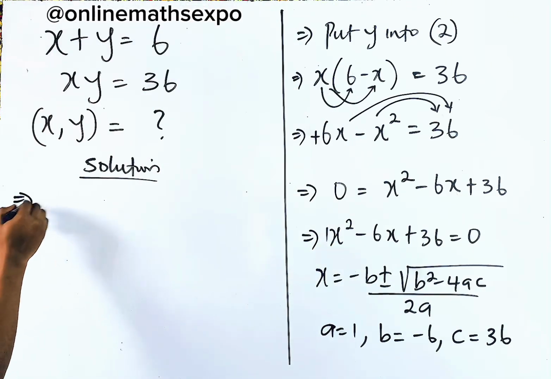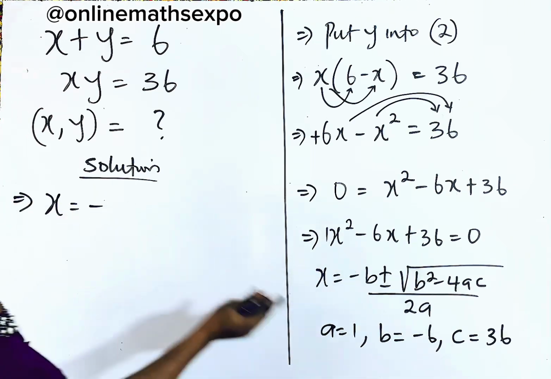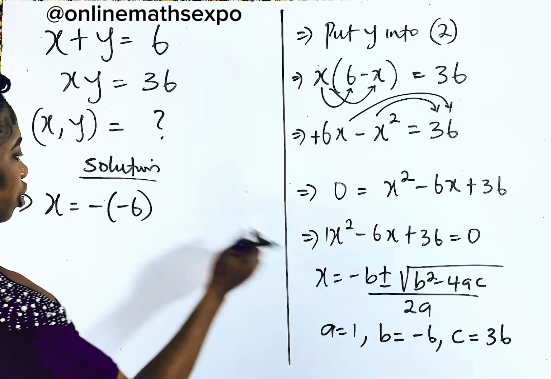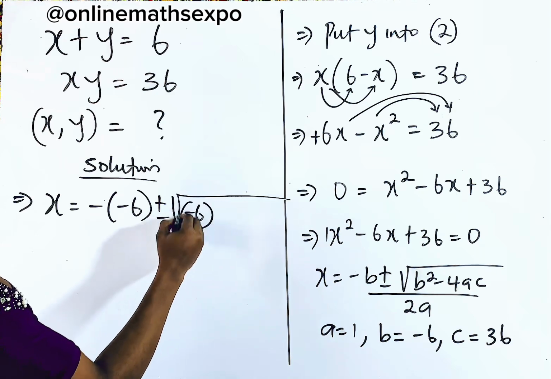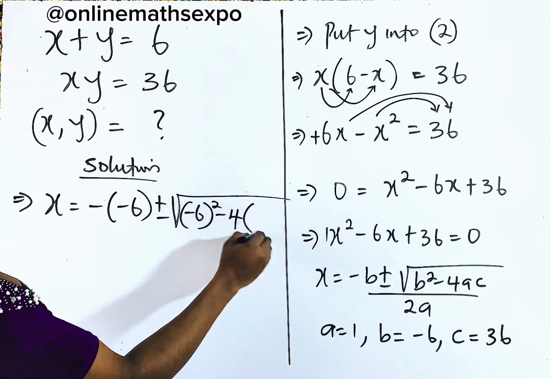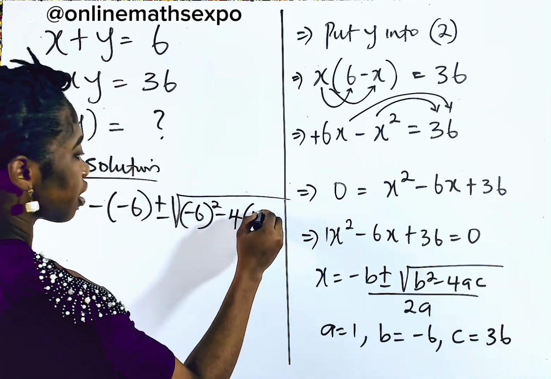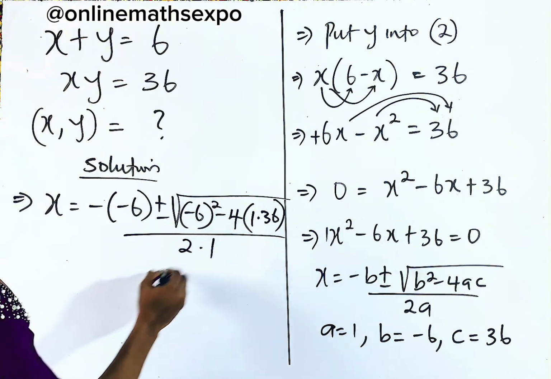So this gives us x is equal to negative b, and our b is negative 6. So we have negative negative 6, plus or minus the square root of negative 6 squared minus 4, our a is 1 multiplied by our c is 36, all divided by 2 times 1.